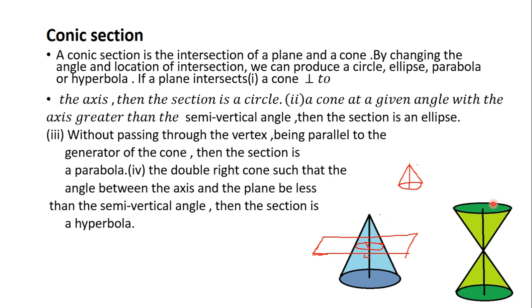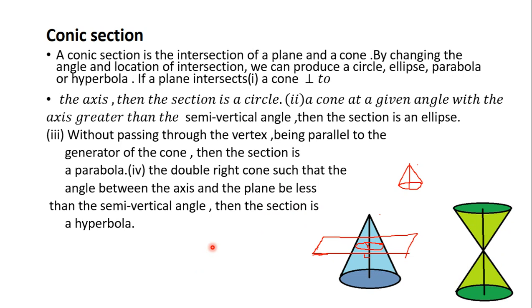If the plane is cutting both cones, it is cutting the double cone, and at that time the angle will be less than the semi-vertical angle, and the section formed is called hyperbola. At that time the curve will be found on both sides, in this side as well as in this side. That double curve is known as the hyperbola.